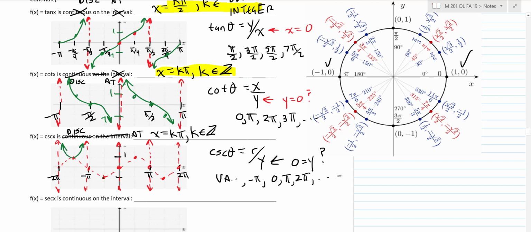That's what a cosecant looks like, riding on the hump of the camel. All right, so that's how that goes. That would be how you would say the continuity on that. It's best to just say it's continuous on all real numbers except where the asymptotes are. Okay, and that's the idea.